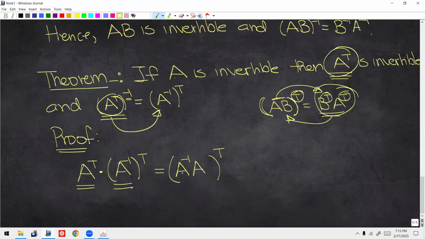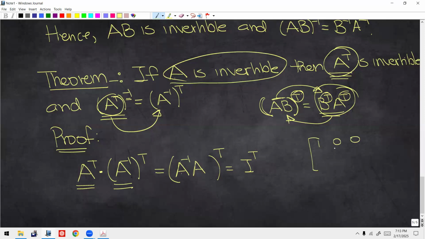We know that A is invertible, so A inverse times A will be I transpose. And the transpose of an identity, if you think about an identity, let's say a 3x3 identity, if I take the transpose of this, you'll literally get the same thing again. So the transpose of an identity is just the identity. So in this case, we'll just get I. So when I multiplied these two, I got I. So that tells me maybe the inverse of this is this. Is that okay? But I still also need to do the other direction, okay?